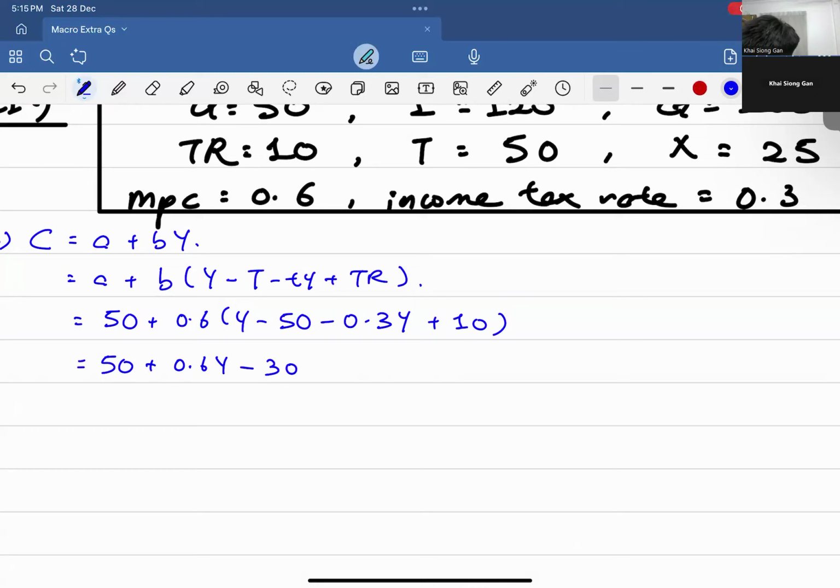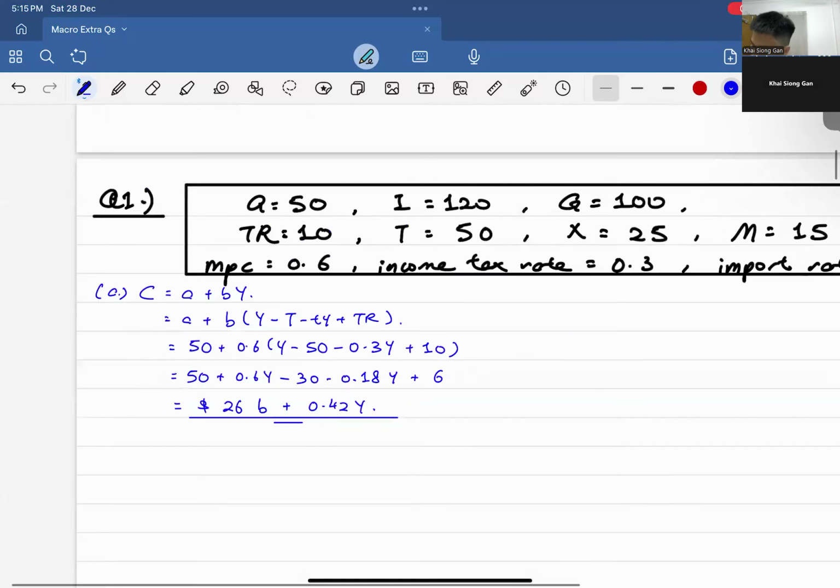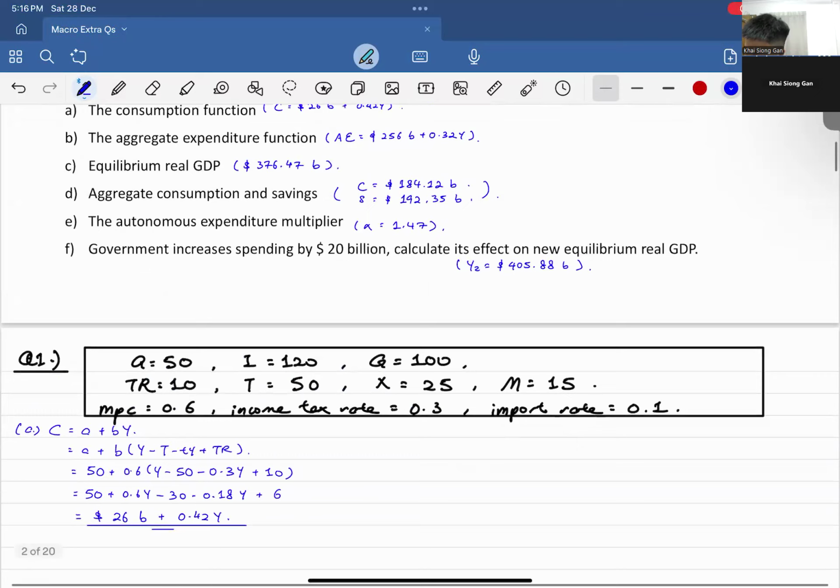You can try to pause the video first and then check your answers. At the end, you will get 26 billion plus 0.42Y. So that is the consumption function.